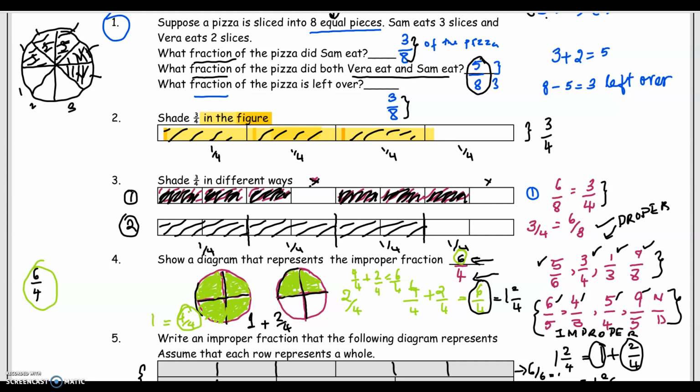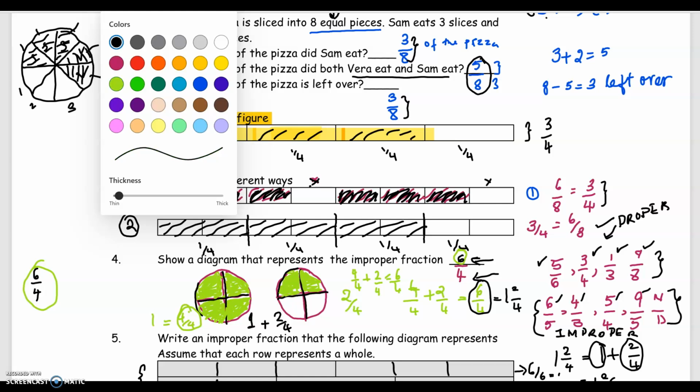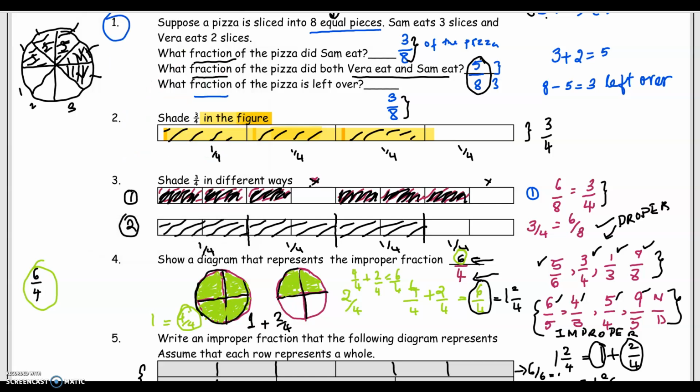It's the same as 1 whole, so 1 entire full, plus a fraction, which is 2 out of 4 equal parts. So 1 plus 2/4 is the same as 4/4 plus 2/4, which is 6 fourths. Fourths is a quarter. There are 6 quarters.